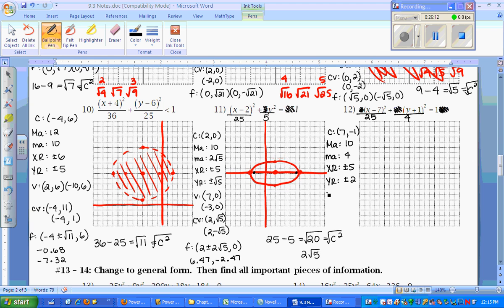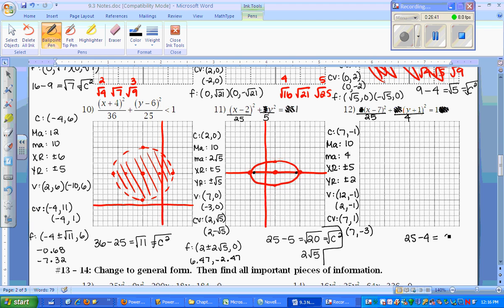The y radius is plus or minus 2. My vertices, the bigger number is underneath x, so the x coordinate is going to change. 7 plus 5 is 12. 7 minus 5 is 2. In the covertices, the y coordinate is going to change, so negative 1 plus 2 is 1. Negative 1 minus 2 is negative 3.